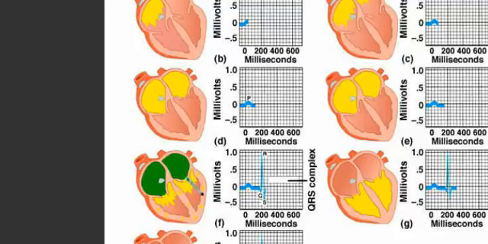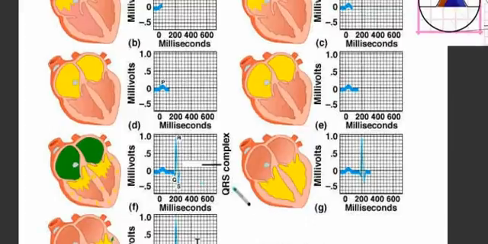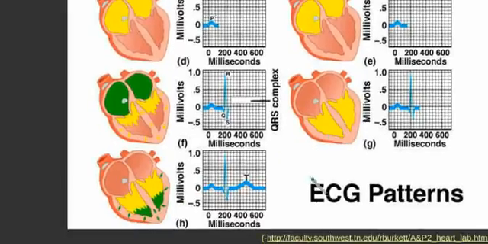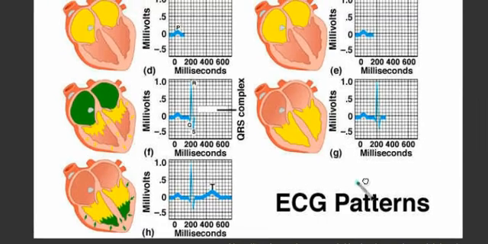So we don't see that repolarization wave of the atria. So we are going to continue with depolarization and contraction of the ventricles themselves, and then we will begin to see repolarization of the ventricles. So that's where this T wave comes into place, this repolarization of the ventricles themselves.